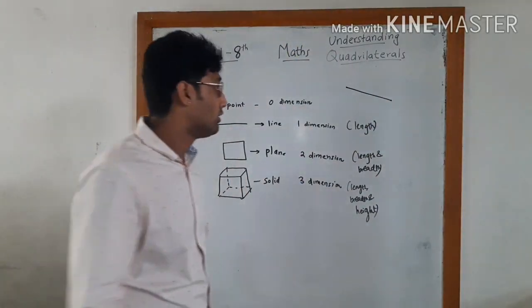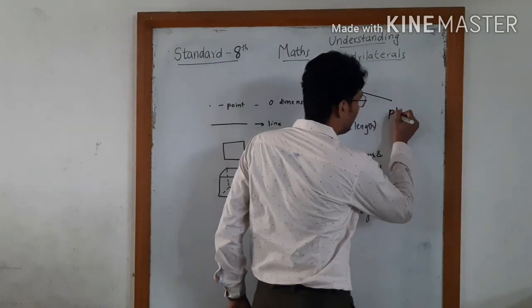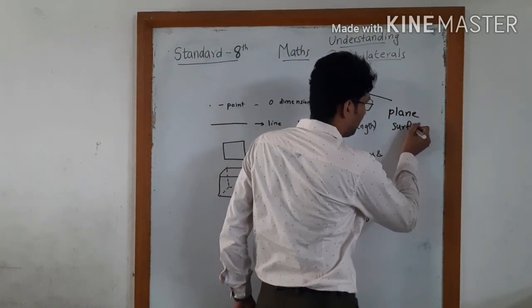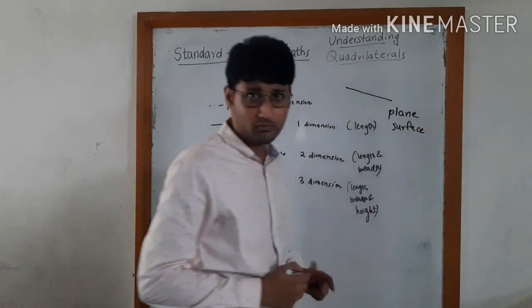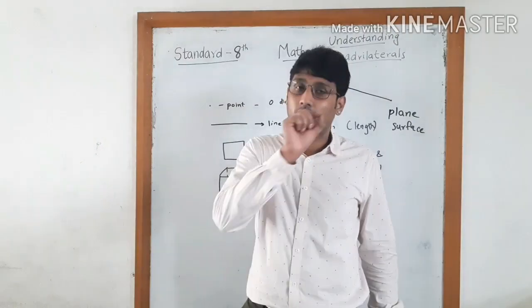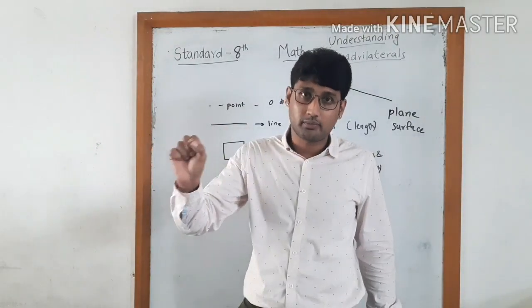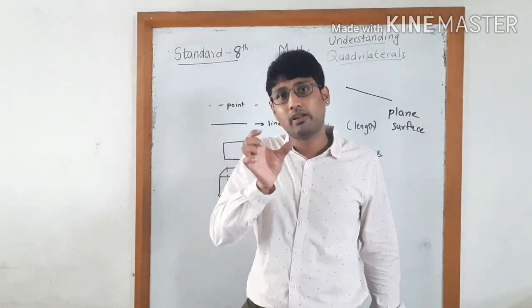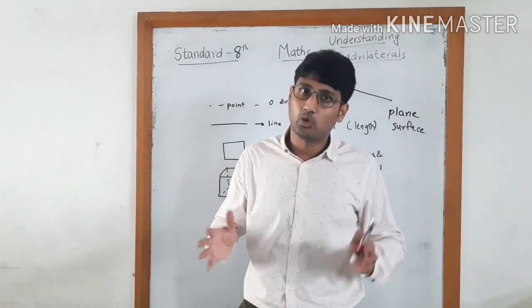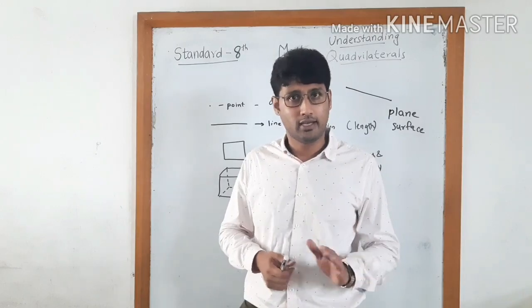It is not. So this is called a plane surface. Also consider the surface of your notebook. If you draw a line on it, will the points of the line be outside the paper? It will be on the paper, right? So those are called plane surfaces, right?